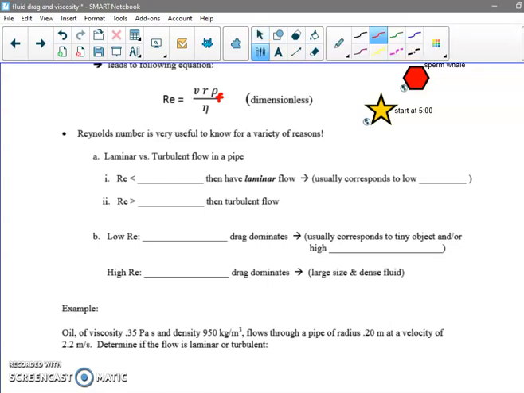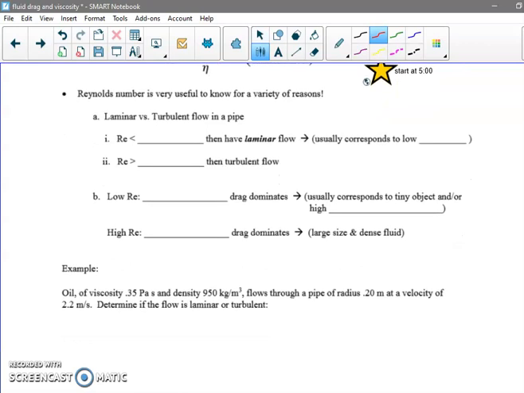Okay, so what can we learn if we have a Reynolds number? We can get a rough idea of whether we should expect laminar flow or turbulent flow, let's say in a pipe, let's say in your house or any building. So the general idea is if the Reynolds number is less than around 1,000, then you're going to have laminar flow.